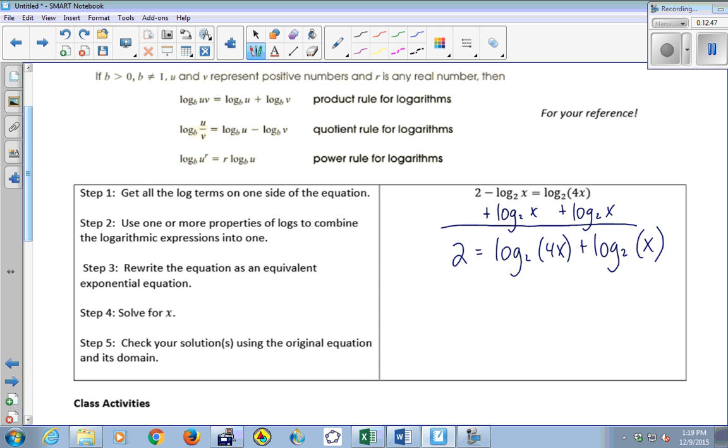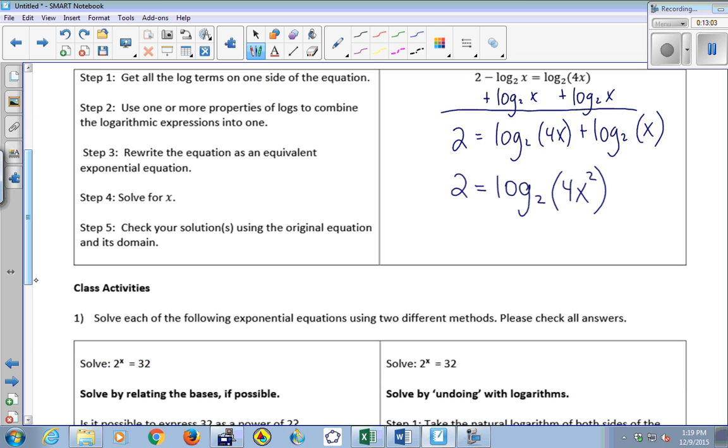So you write a single logarithm where you multiply the inputs. So I'm going to have 2 is log base 2, and then you do 4x times x, and you get 4x squared. So now I have finally written this as a single logarithm equals a number.